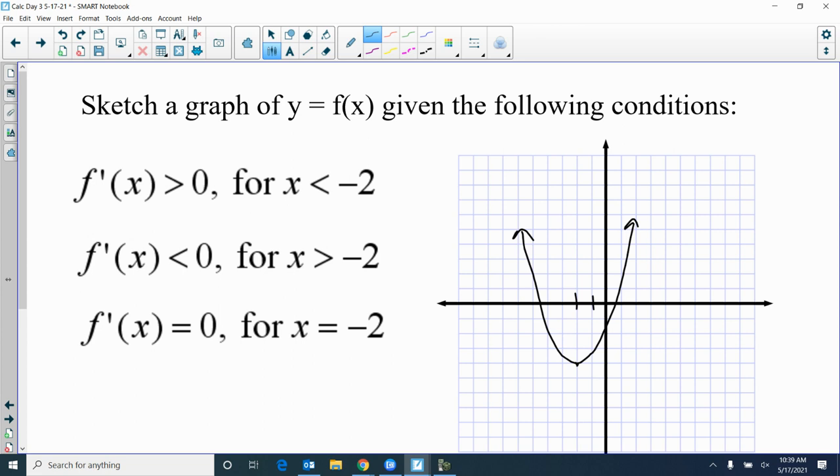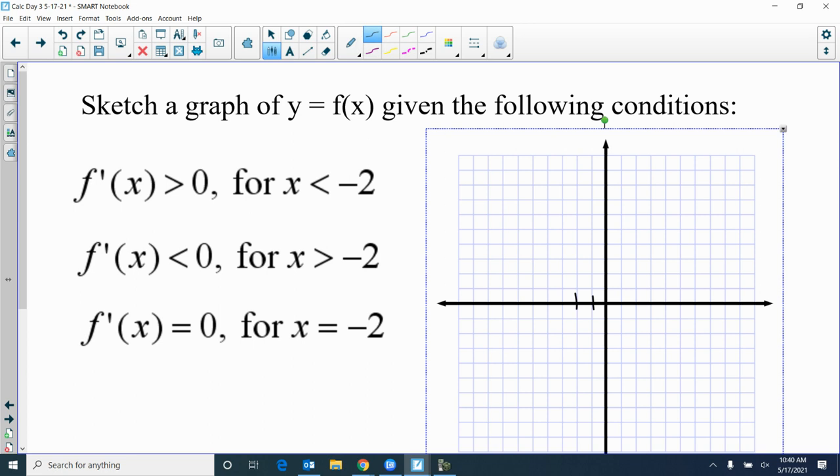So there's a parabola, and that will satisfy all those conditions. We good?